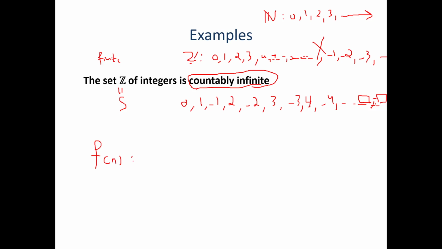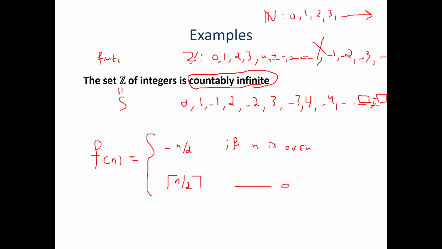It's going to be this: either minus n over 2 if n is even, otherwise, if n is odd, the ceiling of n over 2.